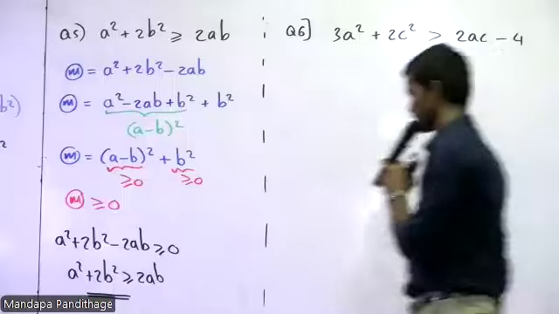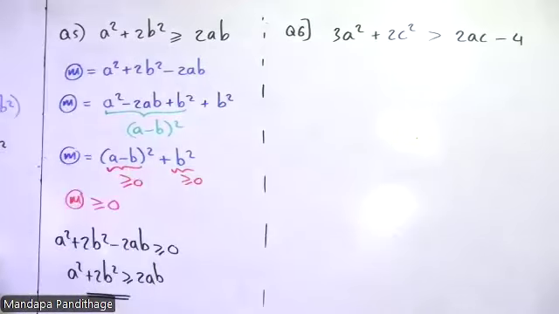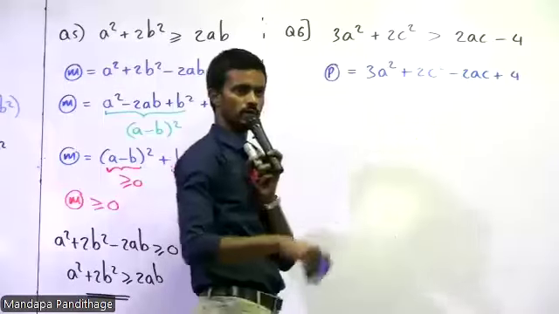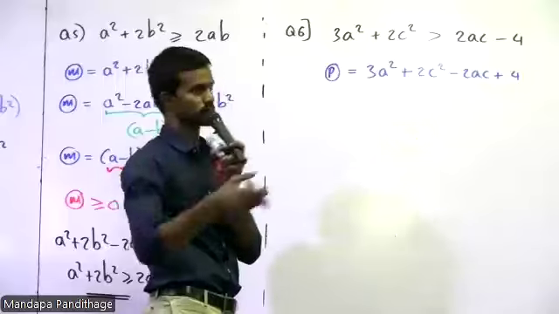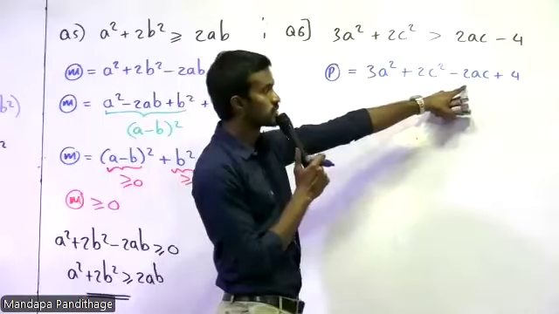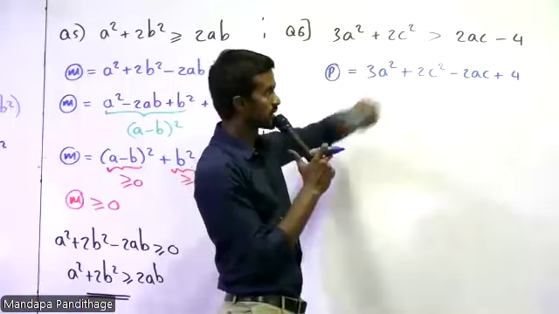Same rule: it would have been familiar if it was in this way, so make it familiar. That's all. Take this expression, let's name it as P: 3a squared plus 2c squared minus 2ac plus 4. When you have something like plus 4, you don't have to worry about it, because there's no harm, it's anyway positive. Now same drill. How did you take out these minus 2ac terms? By putting it inside a square.